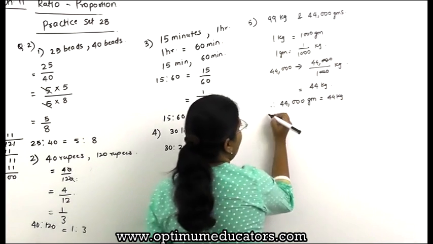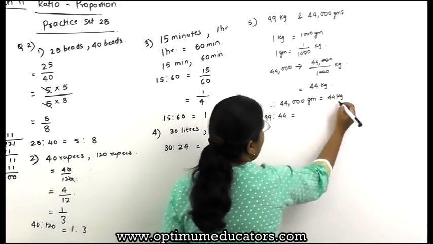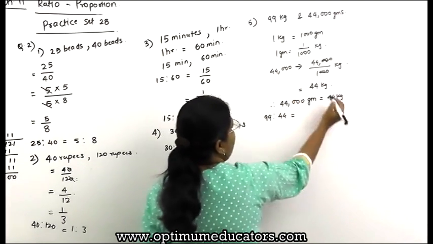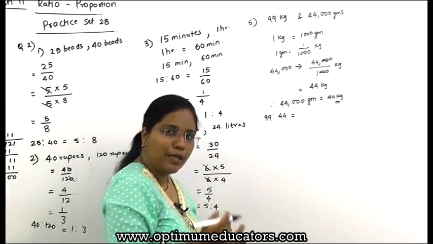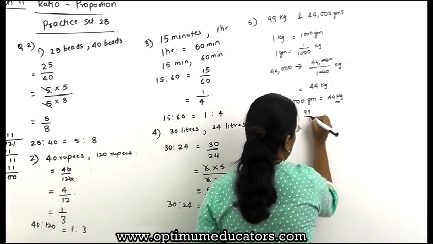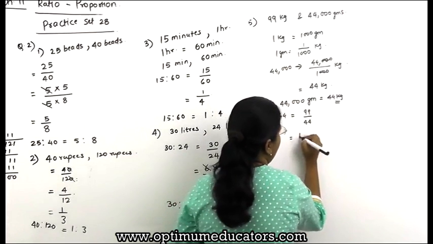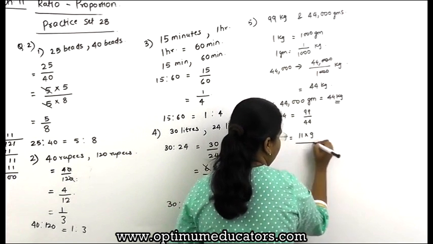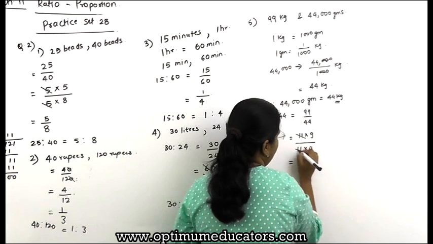Now isn't it easy to find the ratio? 99:44. Is the unit the same now? This is also in kilograms, this is also in kilograms. So we will be able to find the ratio. So 99:44, 99 upon 44. 99 is 11 into 9 and 44 is 11 into 4. 11 goes off.